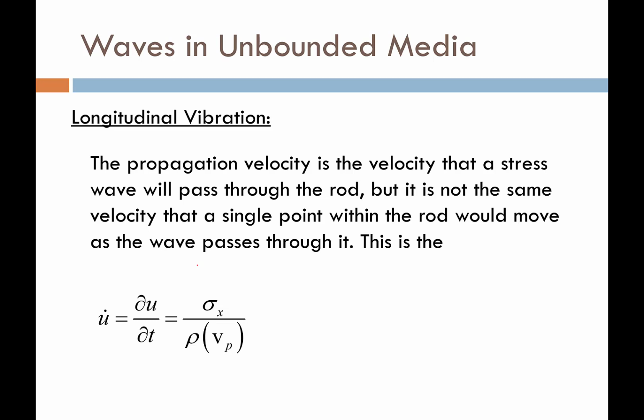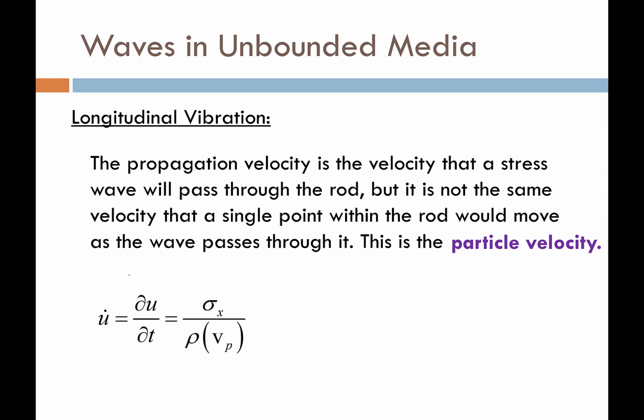But this is important. It's not the same velocity that a single point on the rod would move as the wave passes through it. So in other words, a point on the rod, the physical velocity that point moves back and forth as the wave passes through it, that's a different kind of velocity. That's what we call the particle velocity, or u dot.